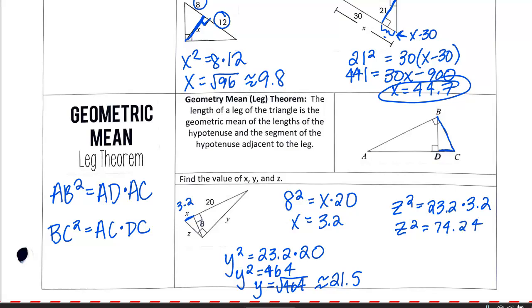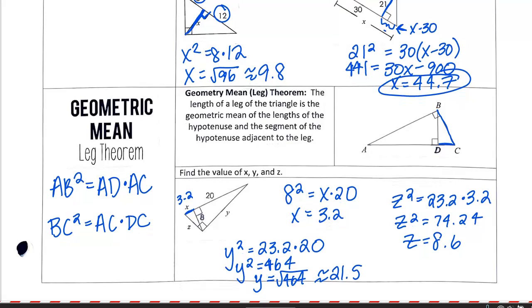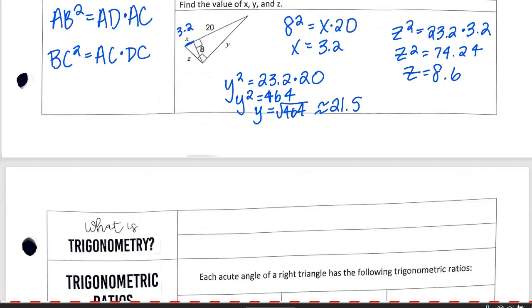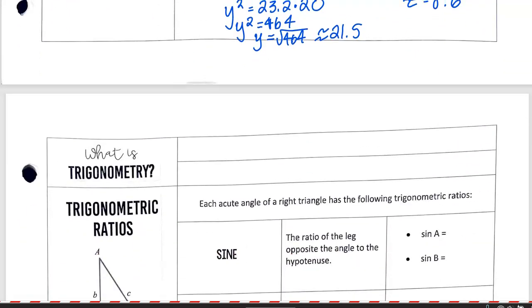We take the square root of that value, and that means that z is 8.6. And now we've used our geometric mean leg theorem and our geometric mean altitude theorem to solve both of those problems. Yay, trigonometry's next.